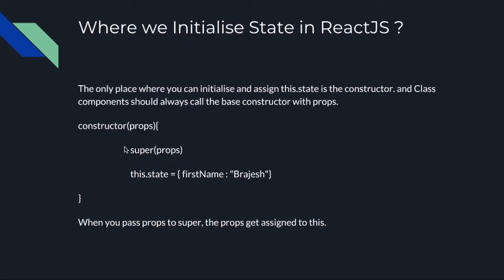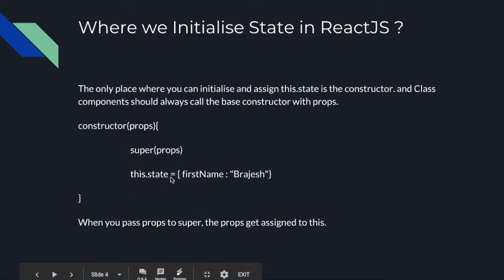More detail about super props we will discuss in my next video, but here I'll just tell you why we use it: when you pass props to the super function, the props get assigned to this, otherwise we will get a reference error.